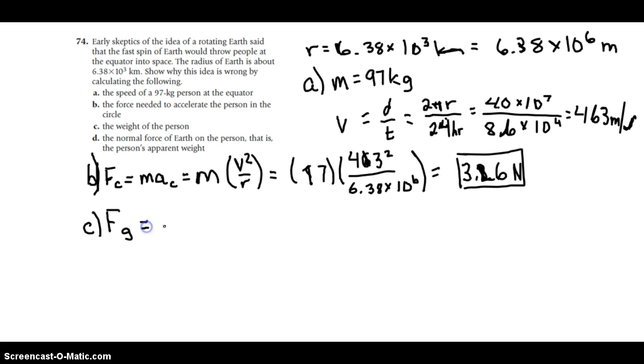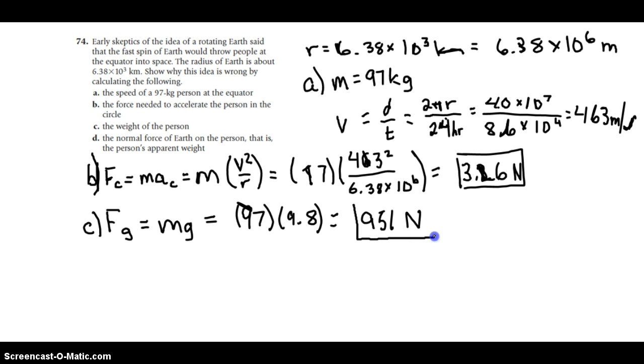Weight is simply the force of gravity, or mg. So 97 times 9.8 is going to give us 951 newtons for the weight. Now this idea of apparent weight is going to be the weight minus the normal force kind of pushing us away. So that's essentially 951 minus 3, or 948 newtons.